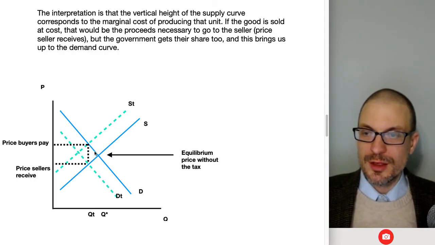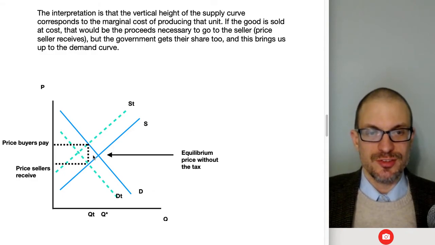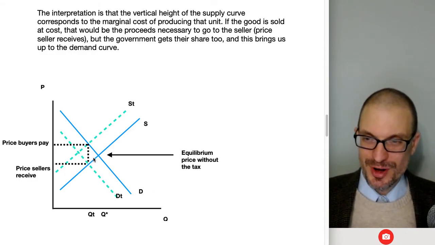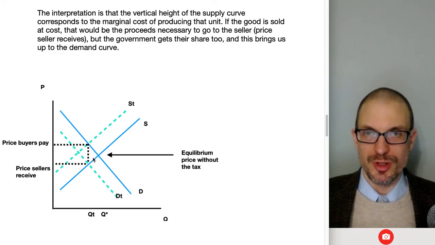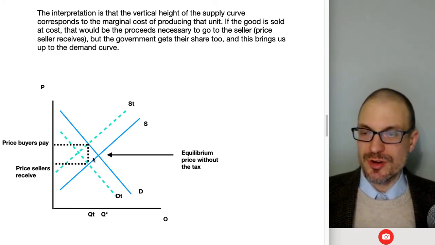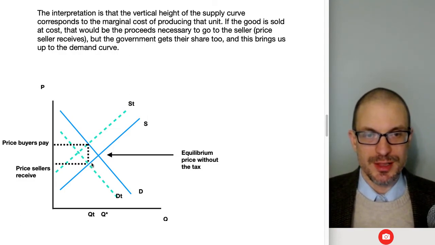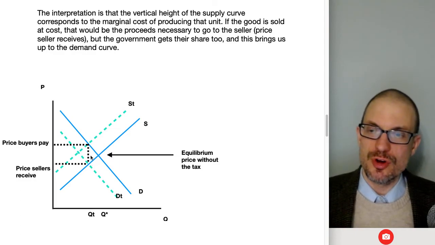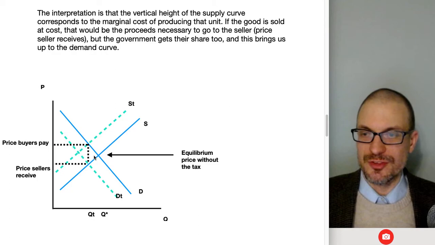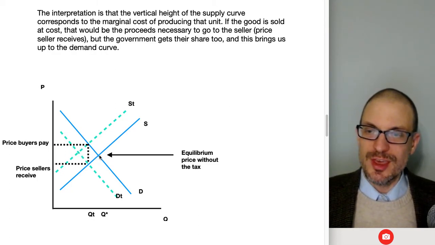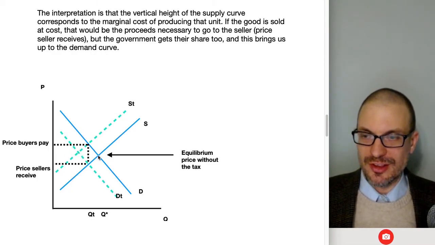Why? Because when the tax is assessed, it artificially raises the production costs above what consumers are willing to pay, or after paying for goods worth this amount, consumers don't have enough money left over to pay for the tax. So there are two interpretations, according to whether we're thinking of this as a tax on buyers or a tax on sellers. The last thing I should mention is relative to assessing tax incidence.